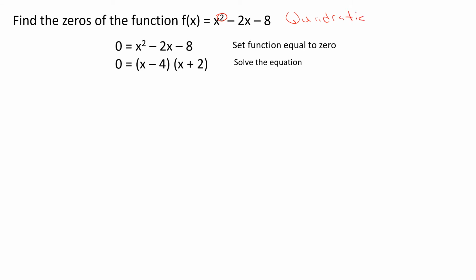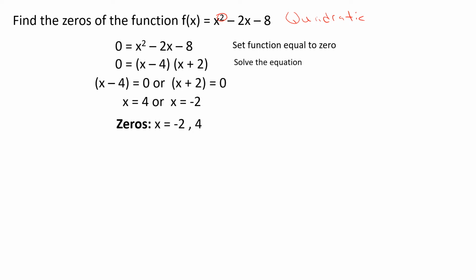So we're going to factor the right side, set each factor to 0, and we find out that x can equal 4 or x can equal -2. Now here we have two zeros of the function. So the zeros are x equals -2 and 4.